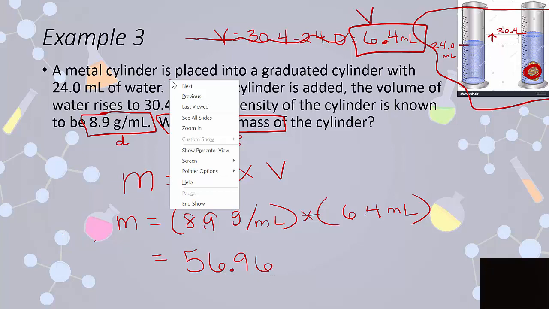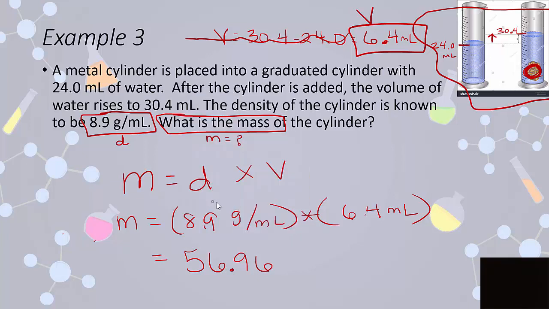Let's talk through sig figs, and then we'll look at the units. I'll do sig figs in blue this time. All right. When we multiplied these numbers, this number had 2 sig figs, this number had 2 sig figs, so I want to keep 2 sig figs in my answer and then stop. So 56.96 is going to round to 57.